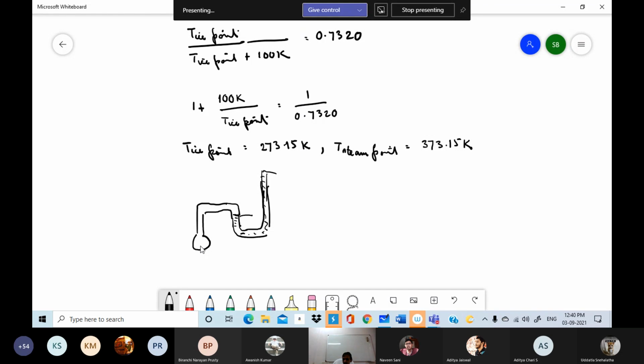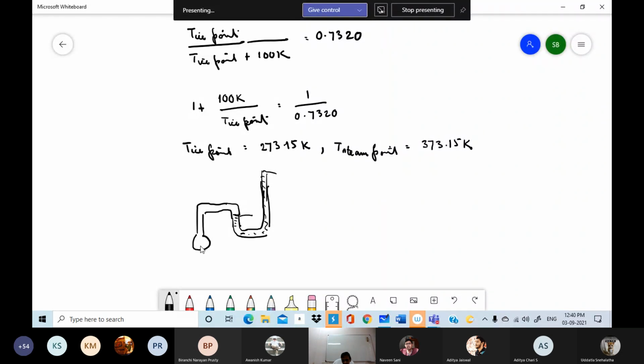As they become more rarefied, they tend to approach ideal gas behavior. So people said, let me do this experiment for different values of pressure.